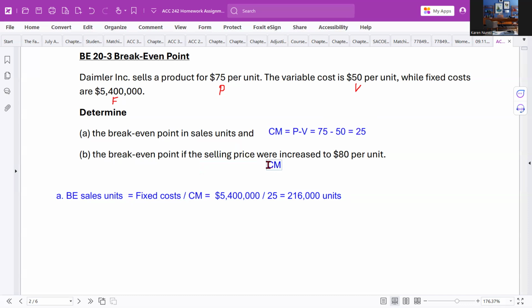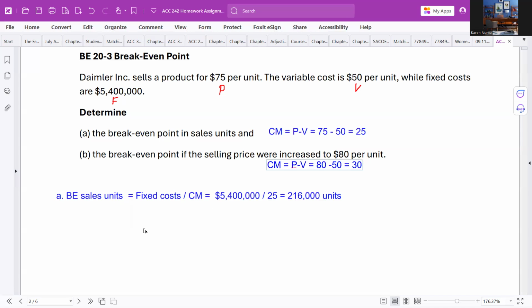The contribution margin is still P minus V, but now the price is $80. So $80 minus the $50 of variable cost gives us a unit contribution margin of $30. When we increase that price a little bit, the contribution margin goes up. Contribution margin has to change whenever you change price or variable costs.